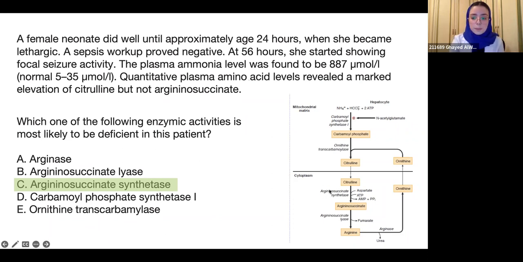This enzyme isn't working. So not only can we not make argininosuccinate, but citrulline is also going to start accumulating. The person will have an elevated level of citrulline because the cycle can't progress forward, but argininosuccinate levels won't be elevated. That lets you know this is the enzyme that's deficient.